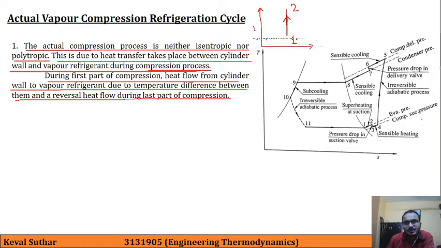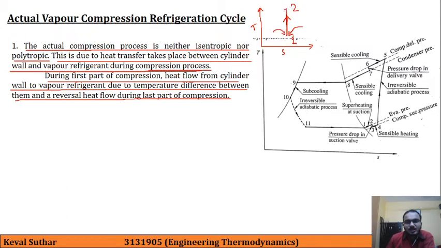Okay, TS. So here at the beginning of compression, that is at this location, the temperature of the refrigerant is low in comparison with the temperature of the environment. So here heat will flow into the refrigerant through the cylinder wall. Here the temperature is low, so heat will be added from outside.